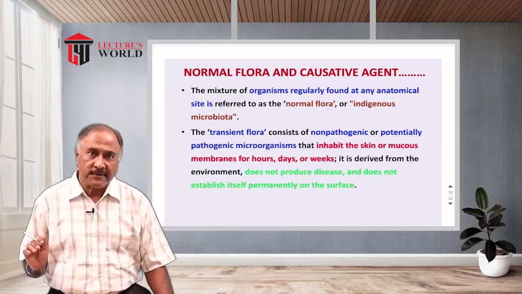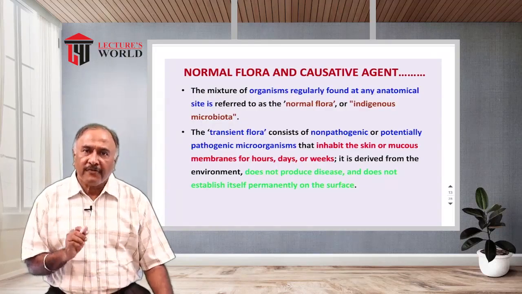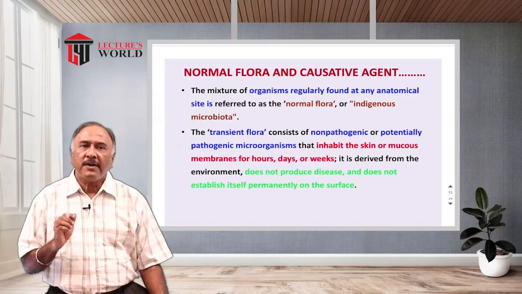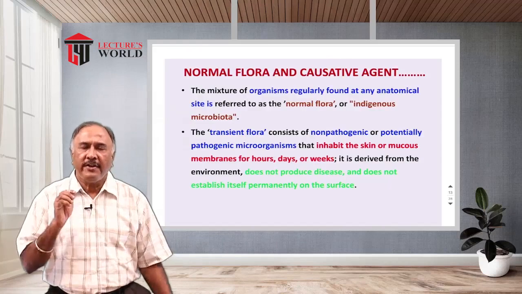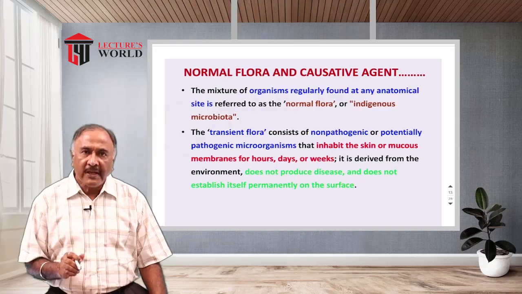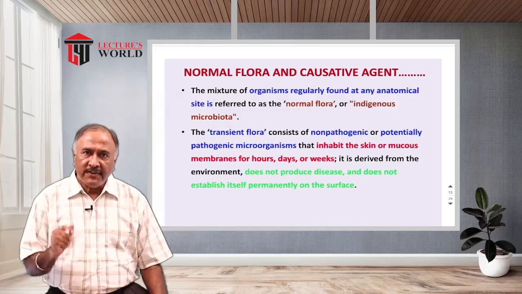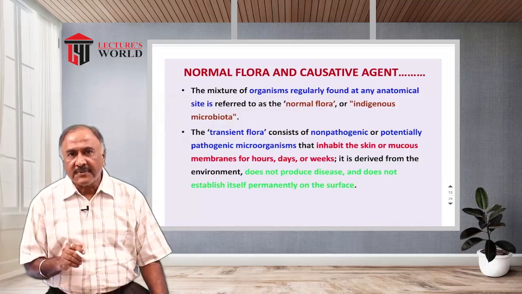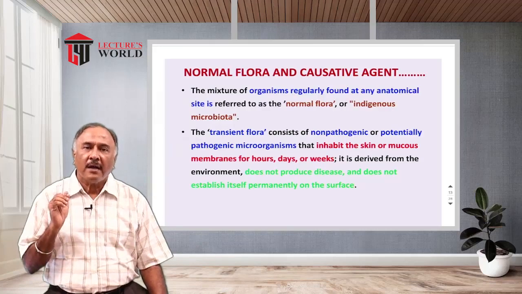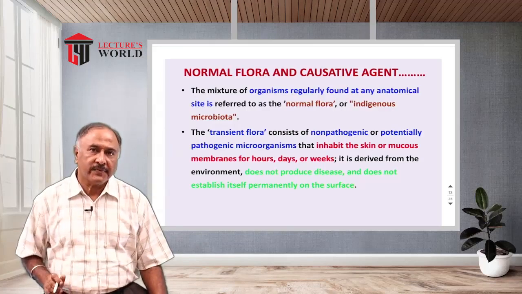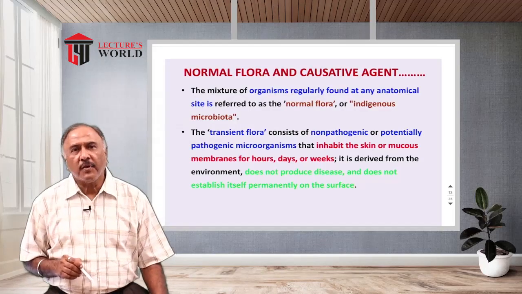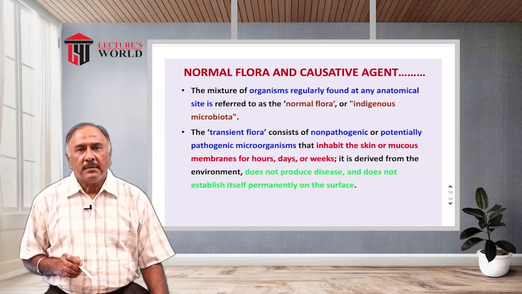Usually they are non-pathogens, but if the host has poor immunity or its natural defense system is impaired, then they may cause disease. Under such circumstances, we call these organisms opportunist microorganisms, or in a vague sense, secondary pathogens.